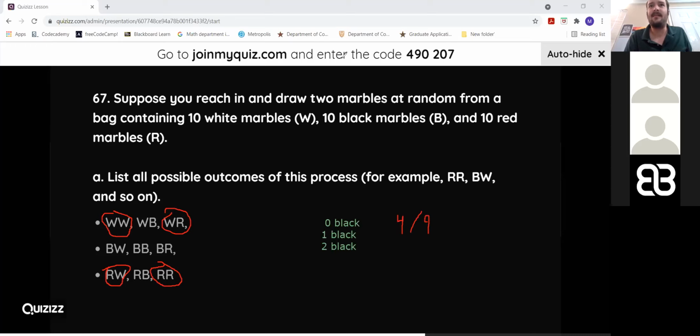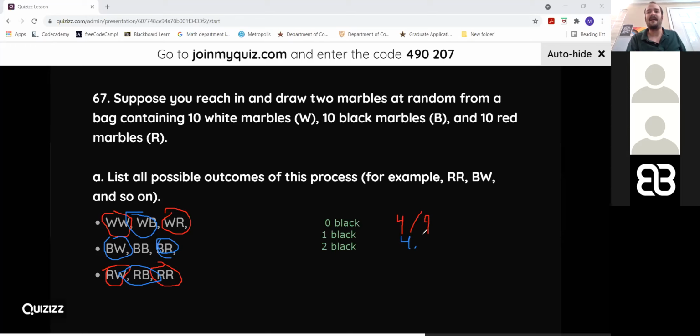And now let me get another color, blue. Now I want to do 1 black. I believe this one has 1 black in it. I believe this one has 1 black in it. I believe this one and this one. How many? Just 1.